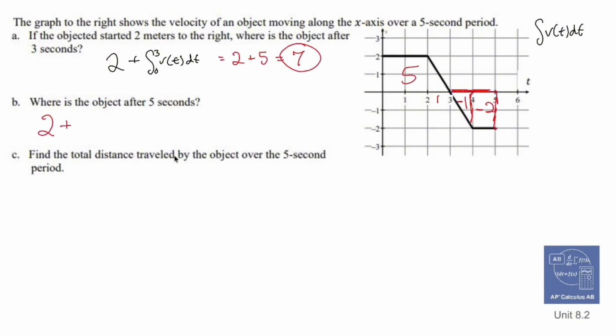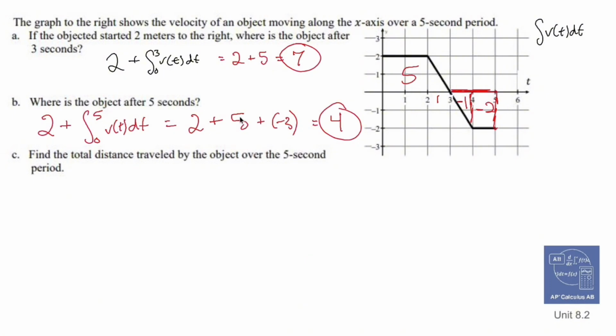Okay, so 2 plus the integral from 0 to 5 of v of t dt is going to be 2 plus that +5 plus that -3. 2 plus 5 is 7, 7 plus -3 is 4. 4 is going to be my answer there.